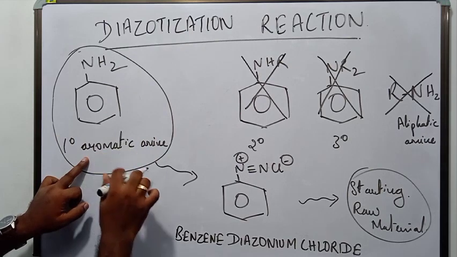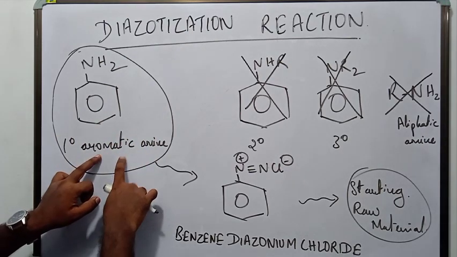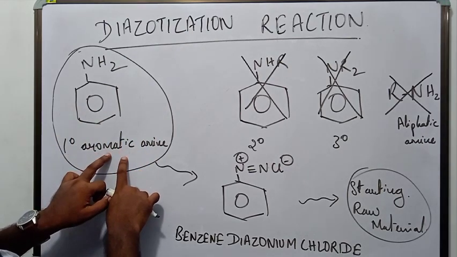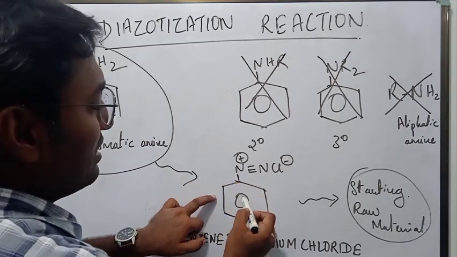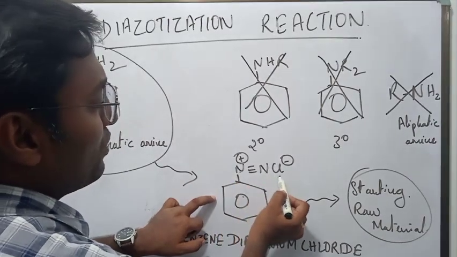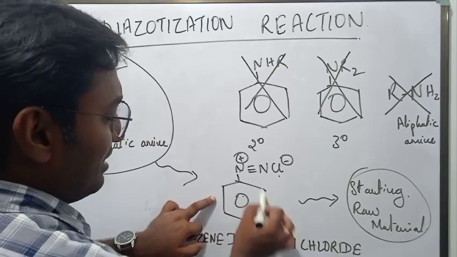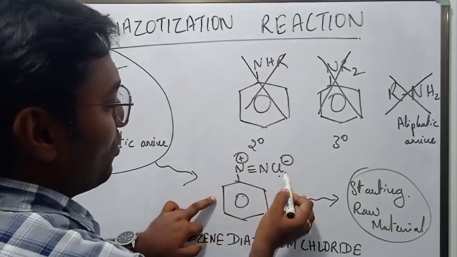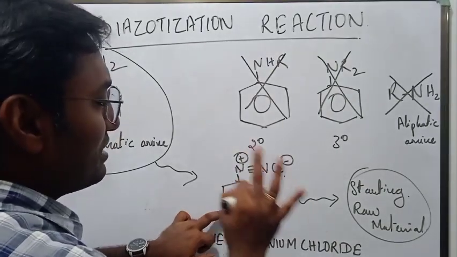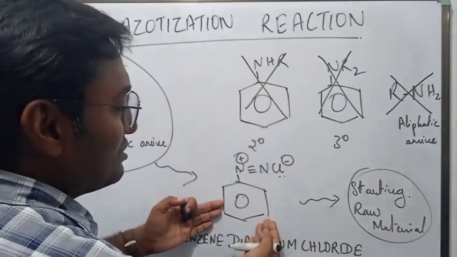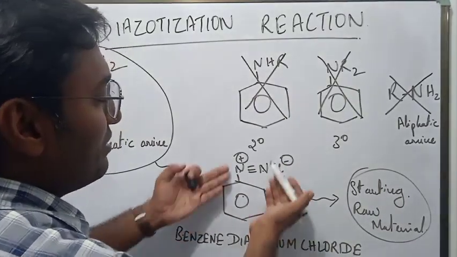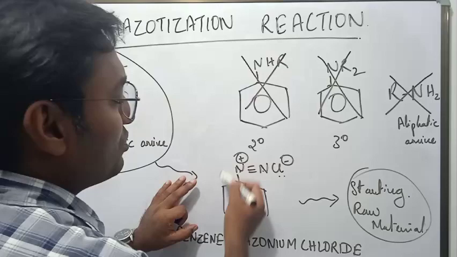The second question is, what is the end product? The end product of the diazotization reaction is benzene diazonium chloride. Question number 3 is, what is the benefit of making benzene diazonium chloride?